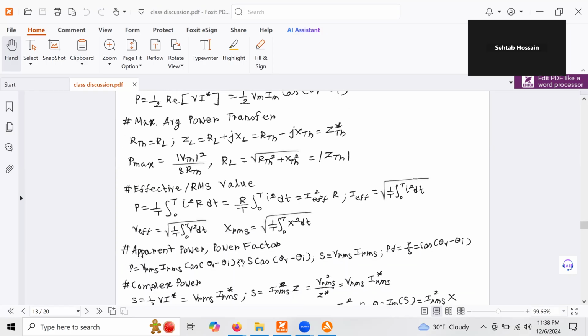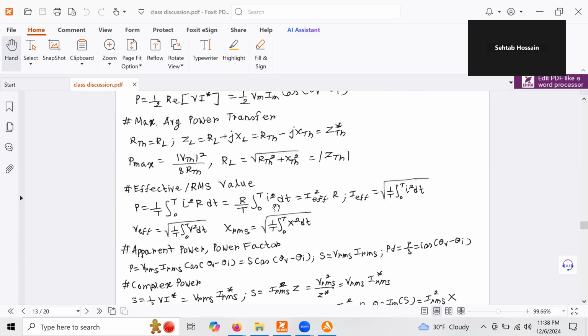Effective RMS value. RMS is the root mean square value. So one is the average power, another is the root mean square value. For that case, we apply this formula over here, 1 over T, 0 to T, I squared R dt, for the effective RMS power.